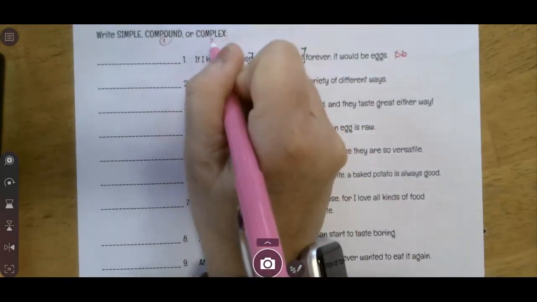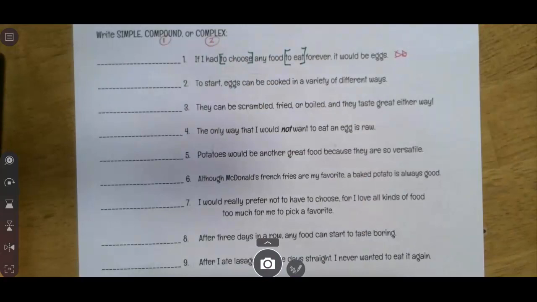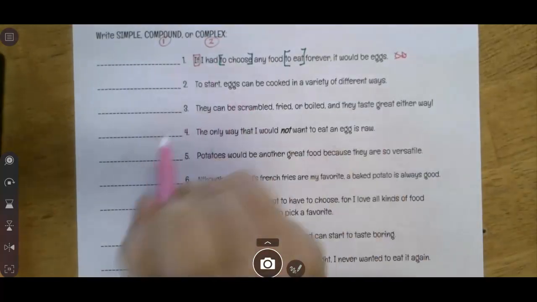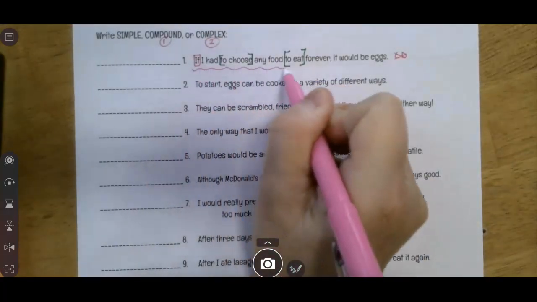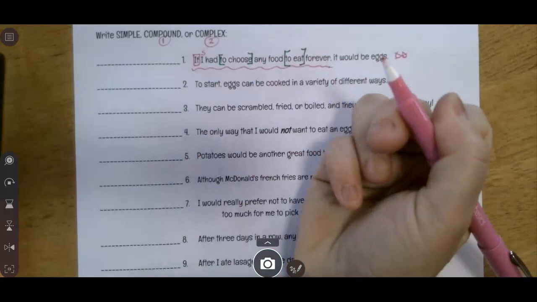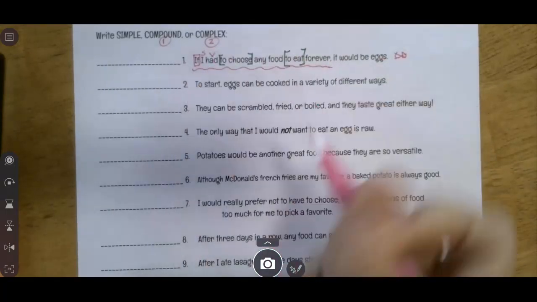So my next step is to look to see, is it complex? I'm going to look to see, is there a subordinating conjunction? And there is, if. If what? If I had to eat or choose to eat any food forever, there's my subject I. What would I do? I had.